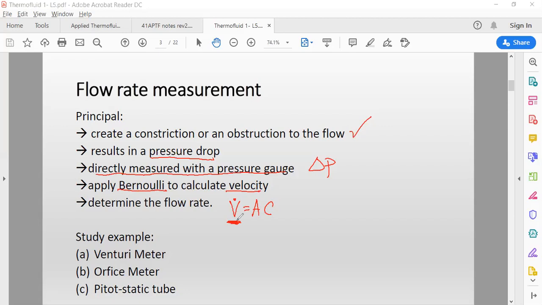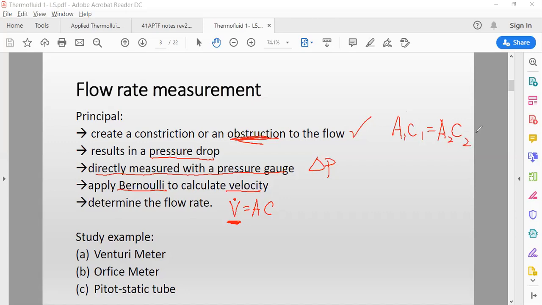So you see, we are not able to directly measure flow rate, but instead we use some form of obstruction to result in a pressure drop. Then we measure the pressure drop. Pressure is the only thing that we can directly measure in this case. Why does this principle work this way? If you look at our continuity equation, A1 C1 is equal to A2 C2.